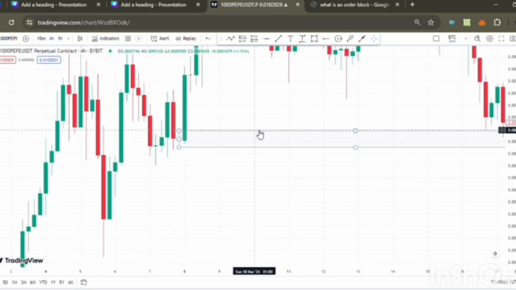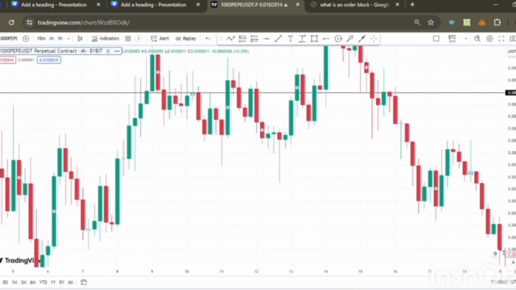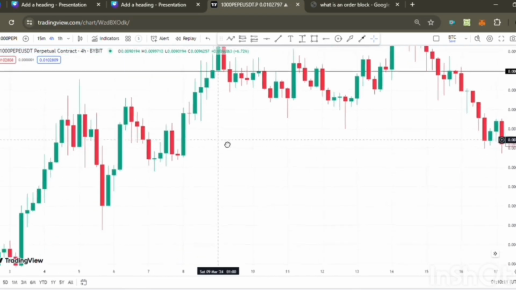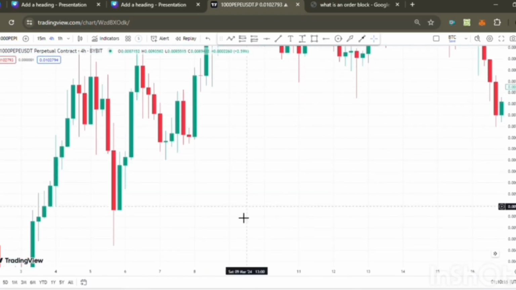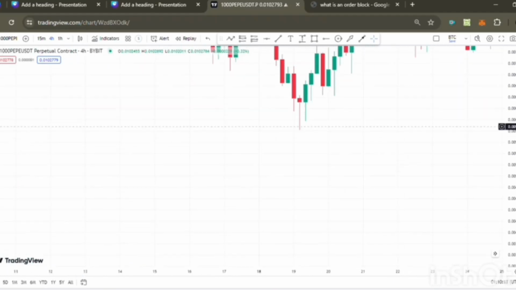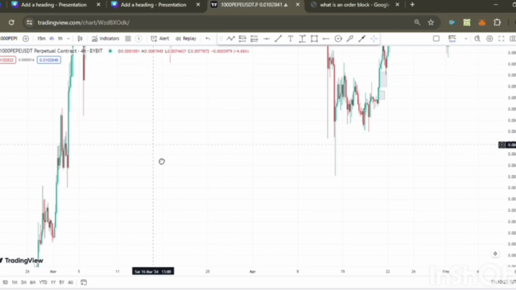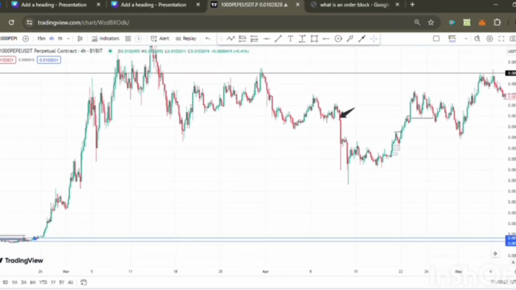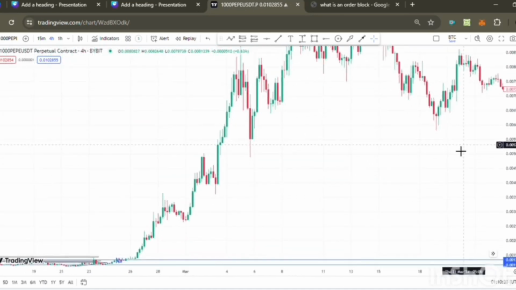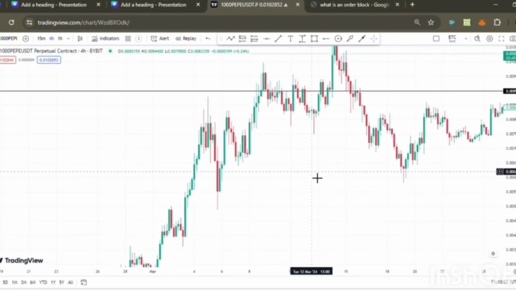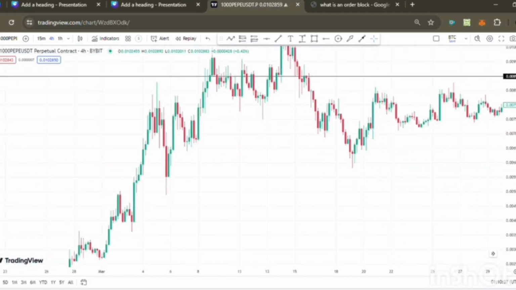Let me clear this chart. So if you look here, the lower body entry.